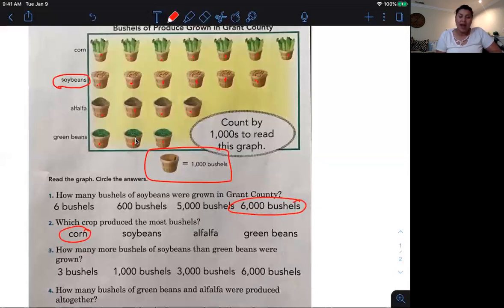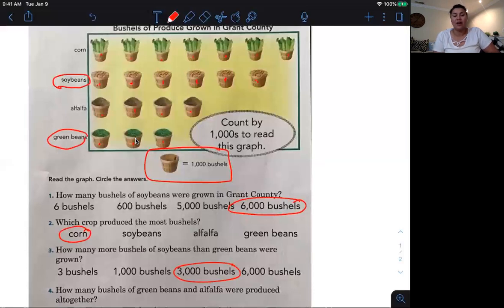Number three, how many more bushels of soybeans than green beans were grown? Let's look at soybeans. I already circled it, and green beans. Well, there's a difference there. Soybeans have 6,000 and green beans have 3,000. So there's a difference from 6 to 3. What's the difference there? A difference of 3,000.